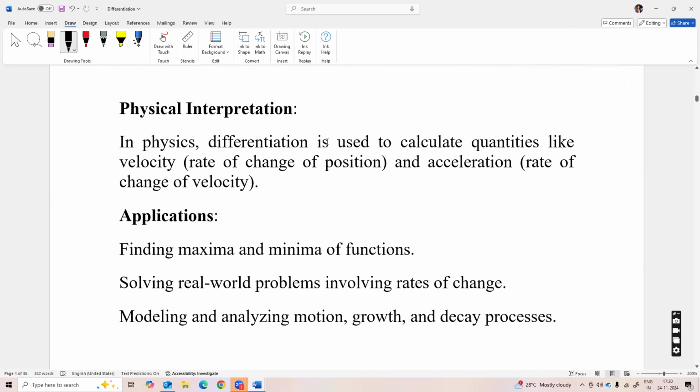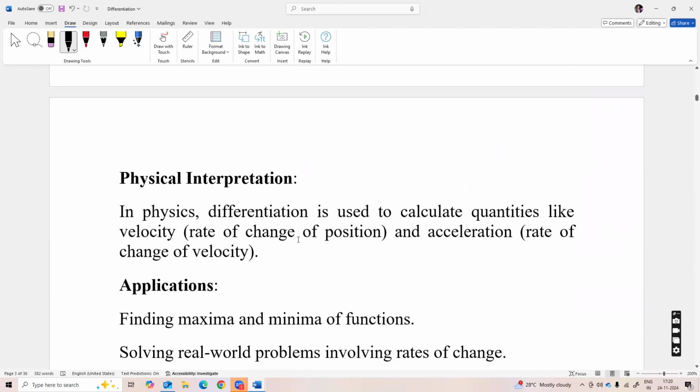In physics, differentiation is used to calculate quantities like velocity. When I start teaching you about rectilinear motion, you will find that if you have displacement s, since it is a vector, its derivative ds by dt with respect to time is known as velocity.